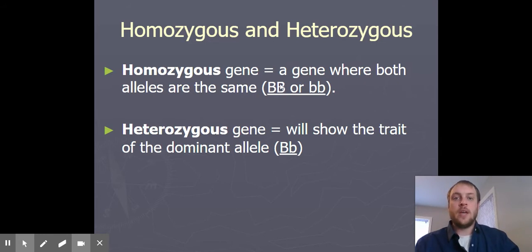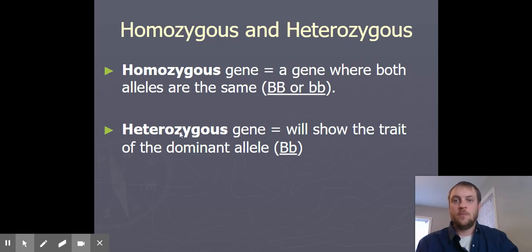So a homozygous gene for brown eyes would be two big Bs, because you get one allele from dad and one allele from mom, giving you brown eyes. Or you might see two little b's. Remember, the lowercase letters represent a recessive gene. So in this case, the lowercase b represents a blue eye color. So blue eyes would be a recessive version of the trait, represented by two little b's.